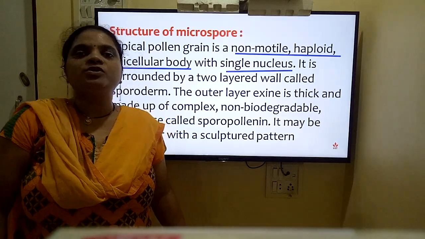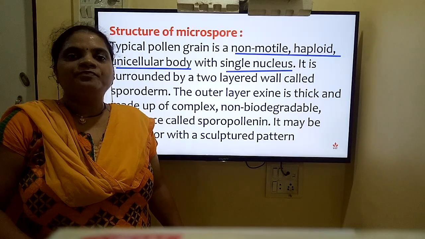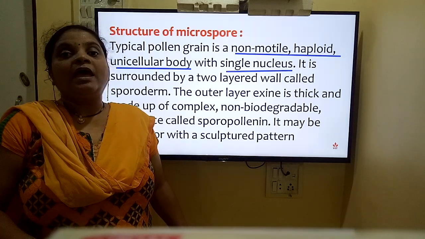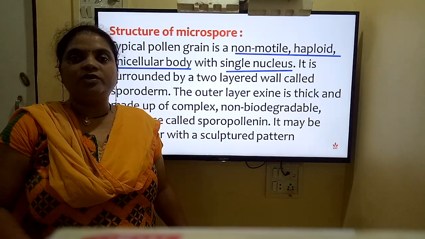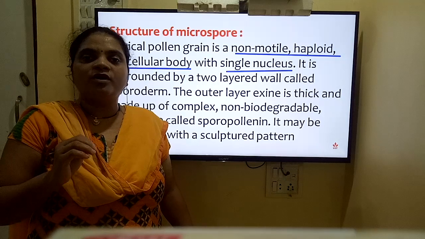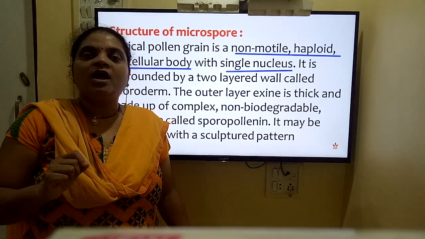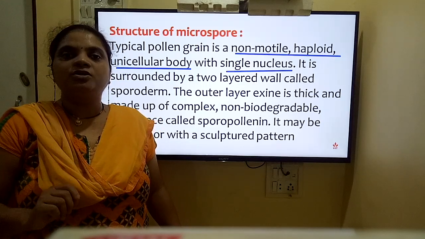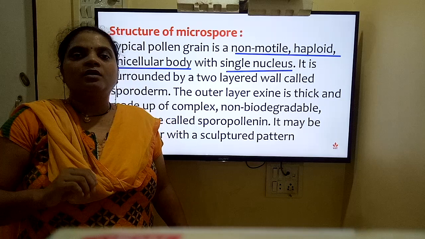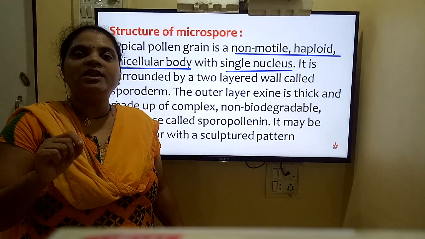So, the microspore's structure. A microspore is non-motile and haploid, and it is unicellular with a single nucleus. Now the microspore's cover: there is a wall which is a double layer wall.